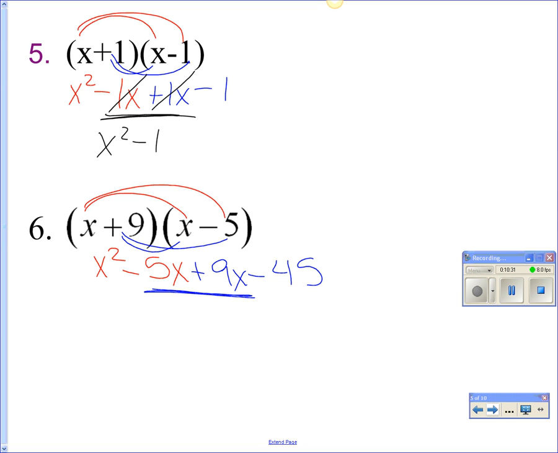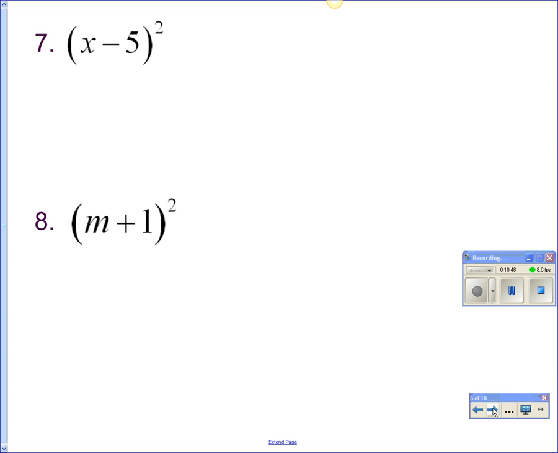Positive 4 or negative 4? Very good. Okay. All right, number 7, x minus 5 squared.